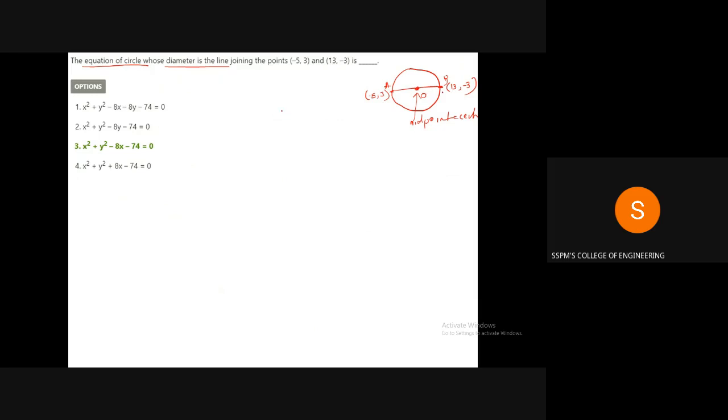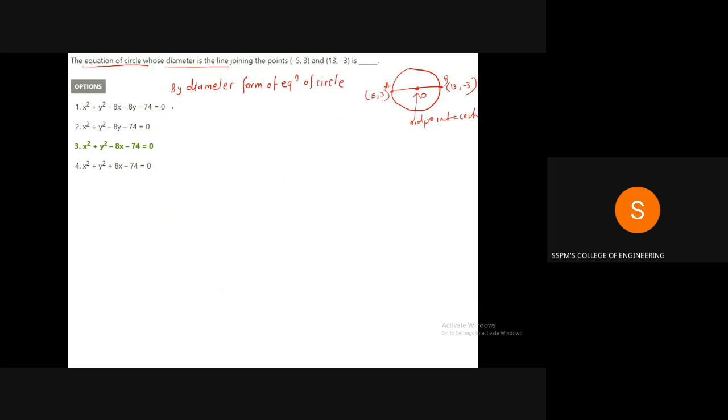But there is another formula called the diameter form. I will write it here. What is the diameter form of the equation of a circle?